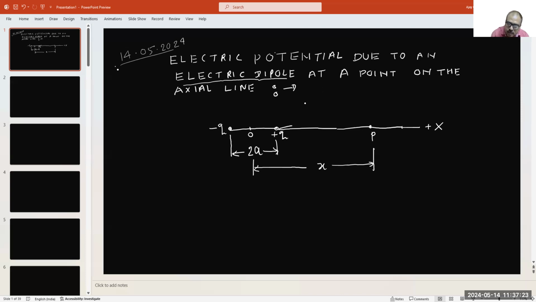Now what will be the distance of the point P from the positive charge?